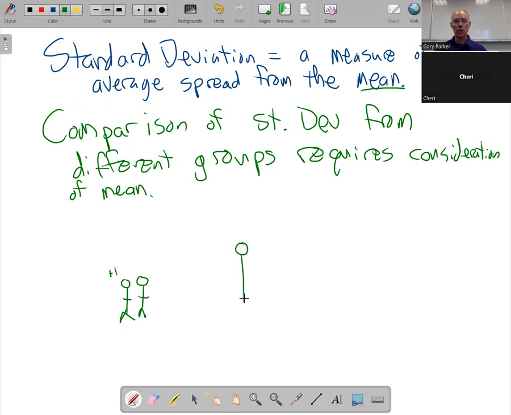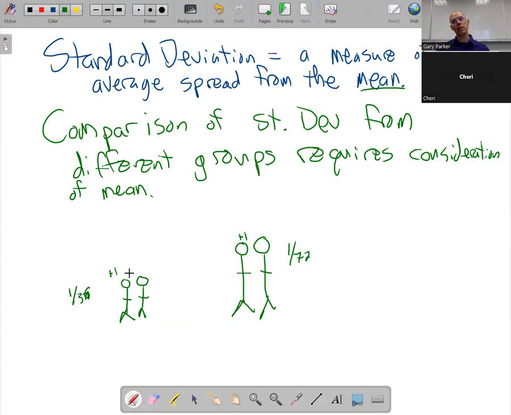But if we have 2 adults, and those adults are 1 inch apart, that's not as noticeable because the adults are much taller. So in this case, we're talking about maybe 1 out of 36. In this case, we're talking about 1 out of 72. Right? Those are 2 totally different comparisons. Here, 1 out of 36 is a bigger deal than 1 out of 72. And if you look at those fractions, you would see that.